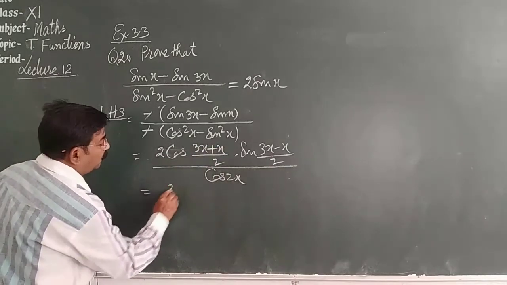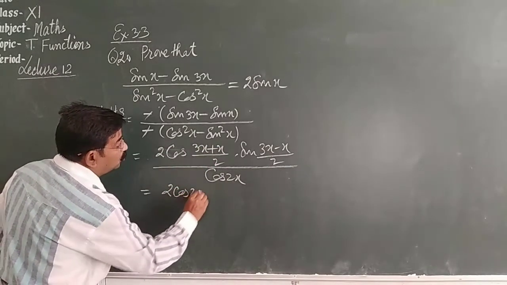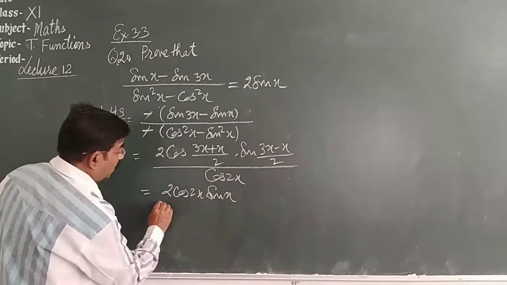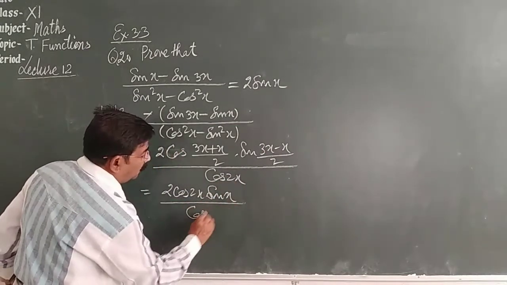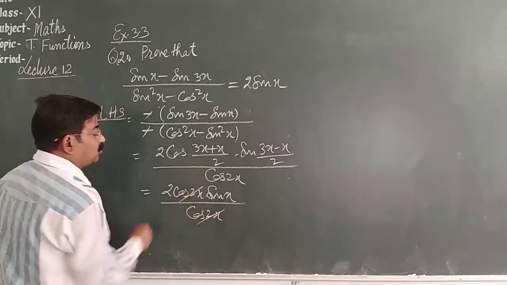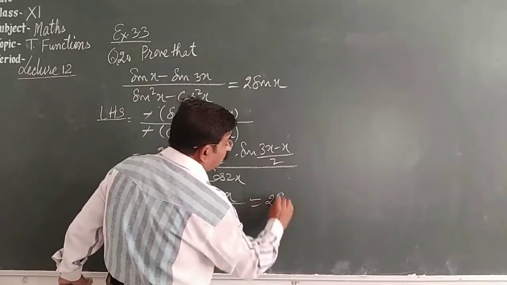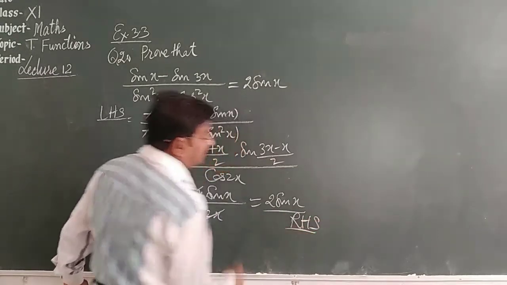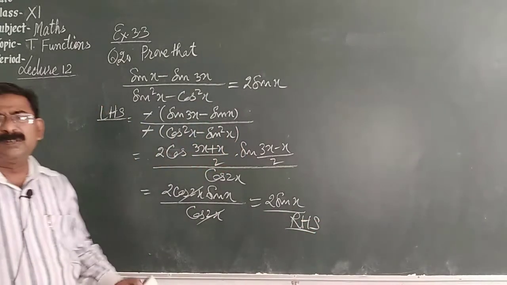So we have 2 cos 2x, here we have sin x upon cos 2x, and cos 2x will cancel. What we have, 2 sin x. This is required in right hand side. Got it? So very simple questions are.